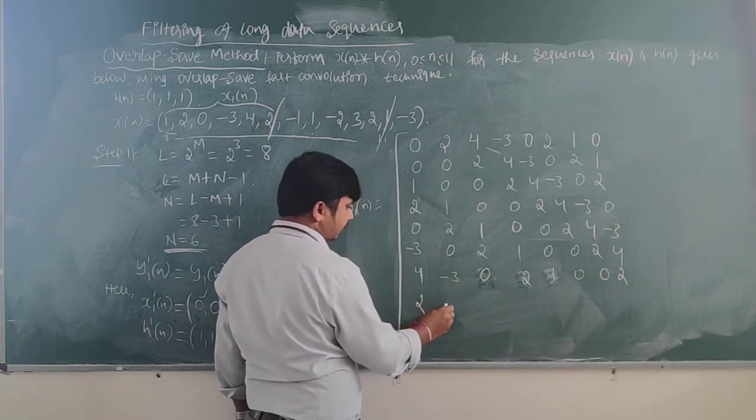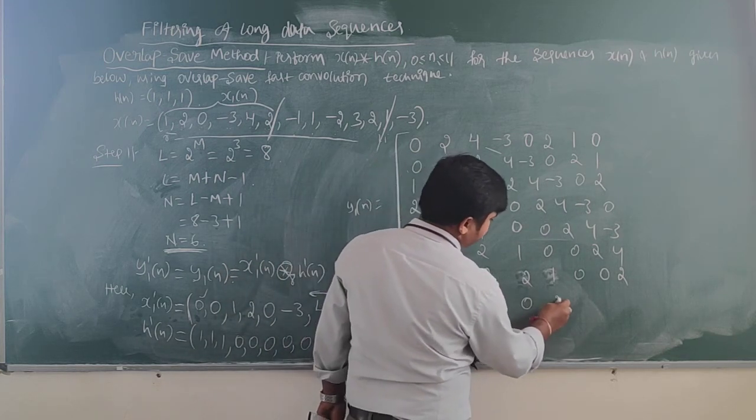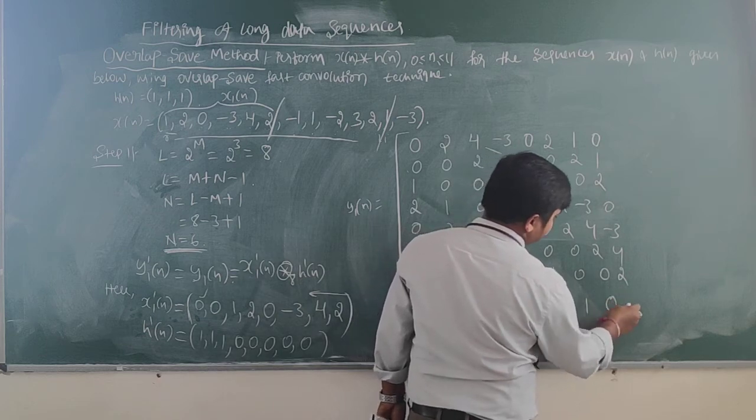So that 2 comes here. 4, minus 3, 0, 2, 1, 0, 0.